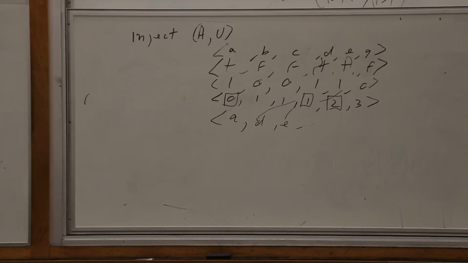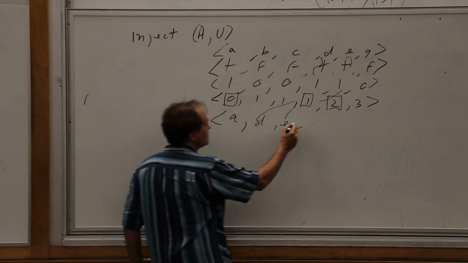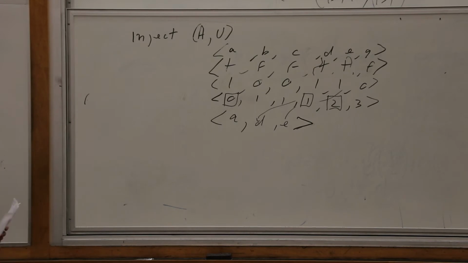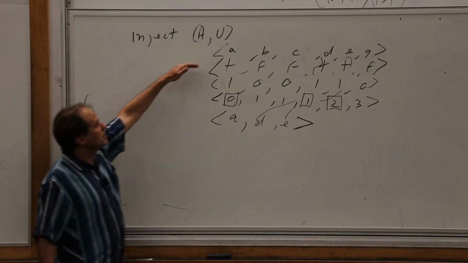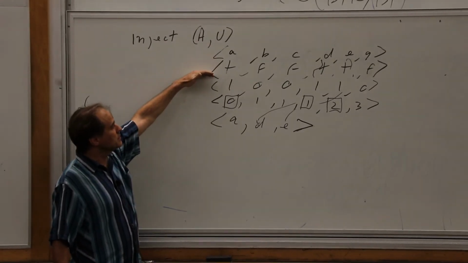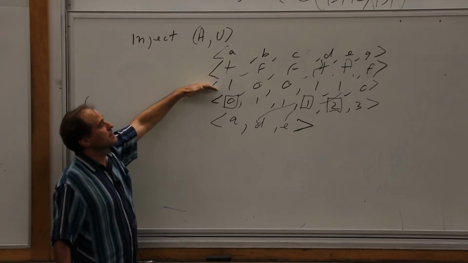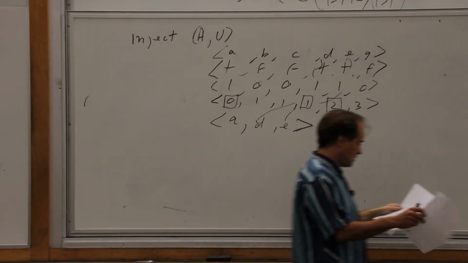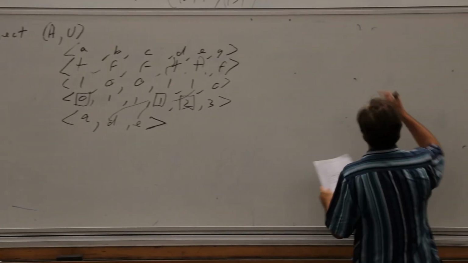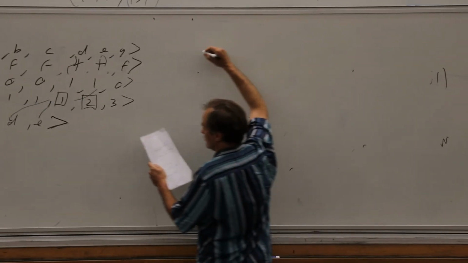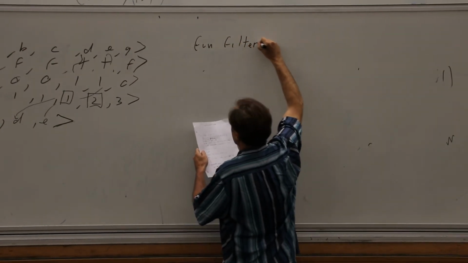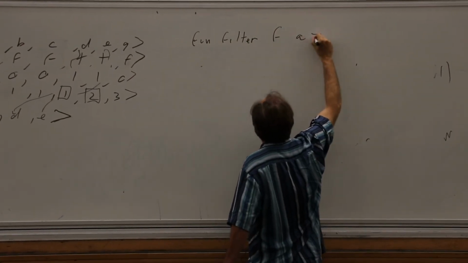Yeah, so at this point, everything I'm doing here is just building up on what we've already done. I can do effectively a map to get from here to here. In fact, I can skip directly to here if I want. So I can write down the code for this. Fun fill to FA.